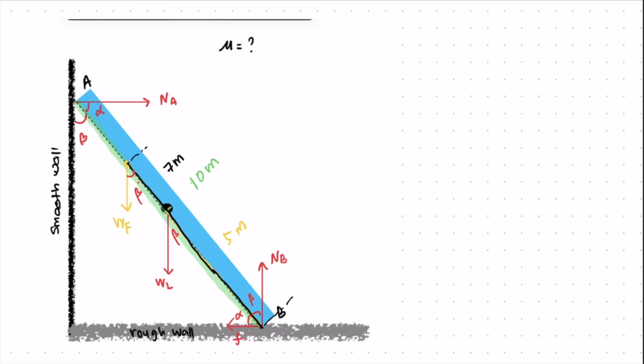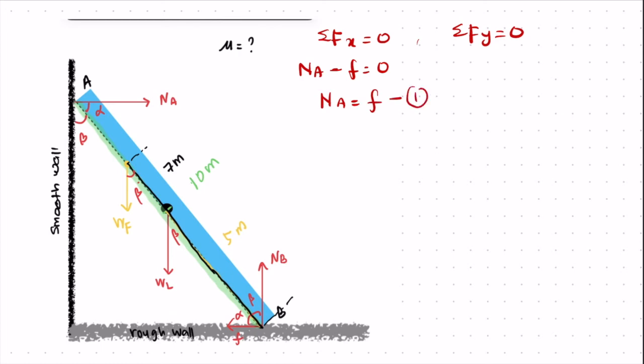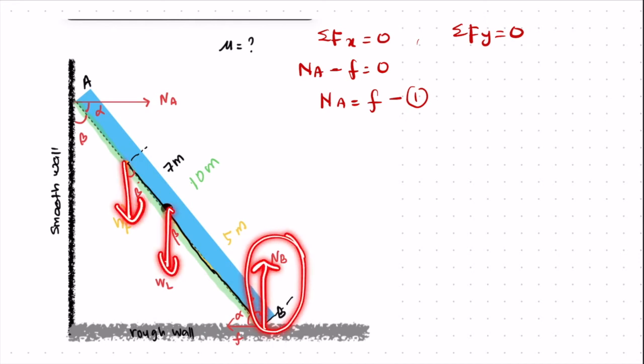Okay, let's start. First, we use first condition, which is total Fx equal to 0 and total Fy equal to 0. Here we have F against, negative x direction, and NA positive. Now NA minus F equal to 0 and NA is equal to F. Again, our first equation. And then for Y, here NB positive, WL and WF.